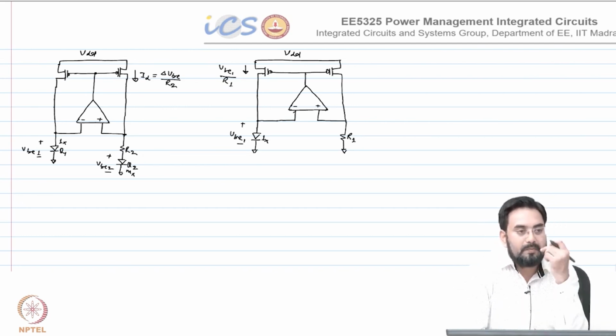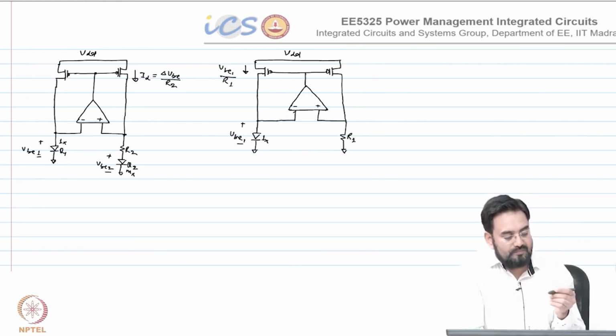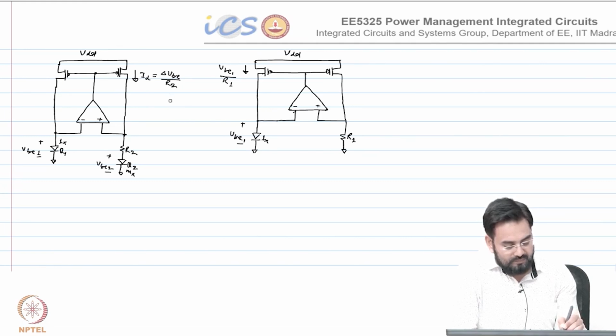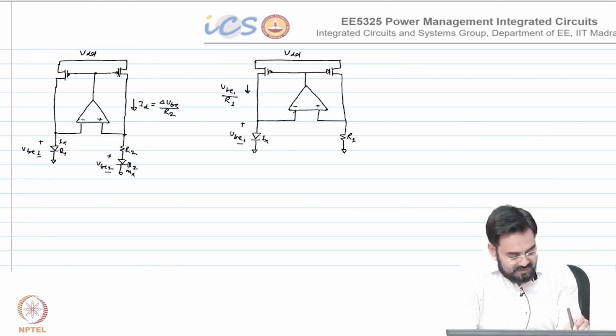So what should I do if I want to add these two currents? What shall I do? Yes. So put the mirror.